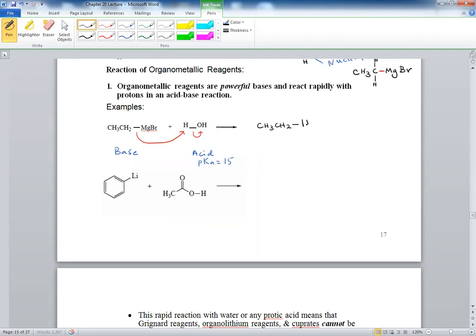I'm going to attach that H that we just added. Imagine I just replaced the bond between the C and the MgBr with an H, so it's CH2H instead of CH2MgBr, plus HO, and I'm going to list it this way, MgBr.